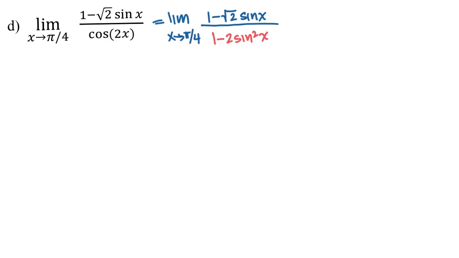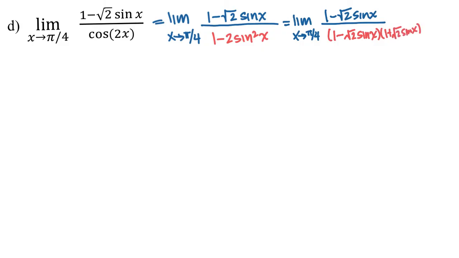Okay, I'm going to try to factor the denominator. Okay, now it's kind of a difference of squares. It's 1 minus something sine x. It's going to be 1 minus root 2 sine x. When we're done, we'll stare at this and make sure it looks right. Okay, 1 times 1 is 1 plus root 2 sine x minus root 2 sine x cancels.